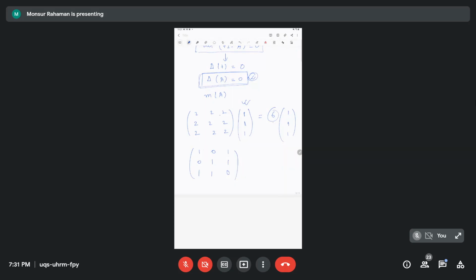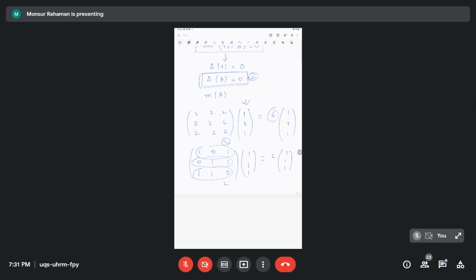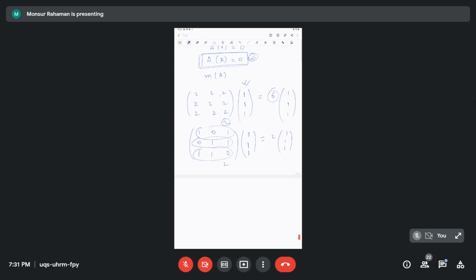If you add the column or row anything, this is 2, this is 2 and this is 2, because 1 1 1 मल्टीप्लाई करने से तुम्हारा 2 1 1 1 आ जाएगा. सो ऐड करने से अगर सेम आएगा वैल्यू, तो दिस वैल्यू विल बी द eigen value and 1 1 is the corresponding eigen vector. Okay, so this is the one eigen value.